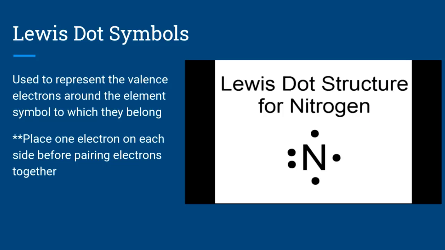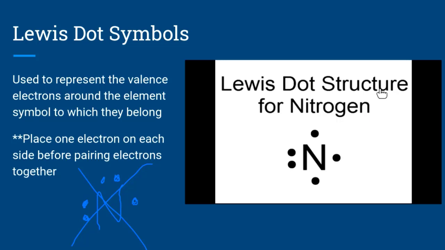We have to fill up each side before we pair electrons. I put 2 stars by this because it's important to know. For example, if this was written as nitrogen with 2 pairs and a dot, that would be wrong because it's not properly showing the valence electrons. This is wrong. It would have to be the correct one that's shown there.